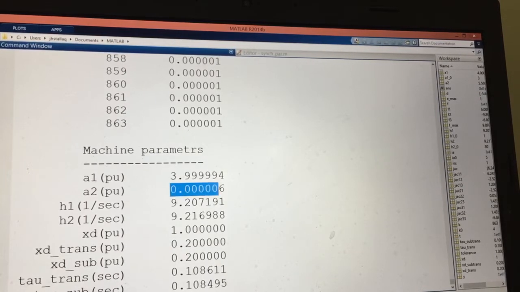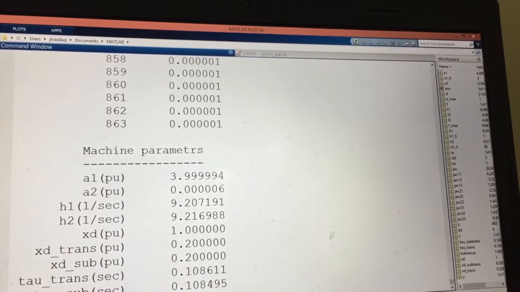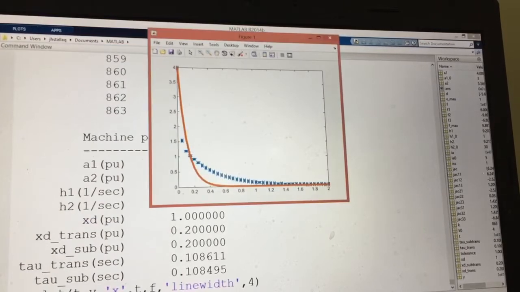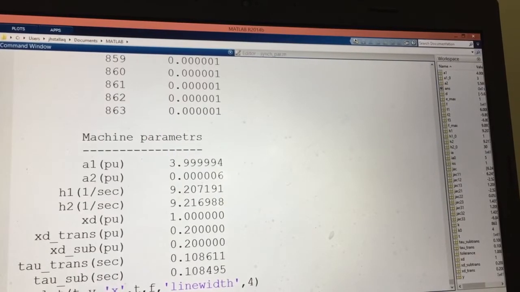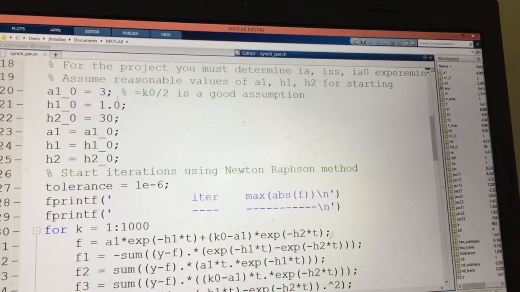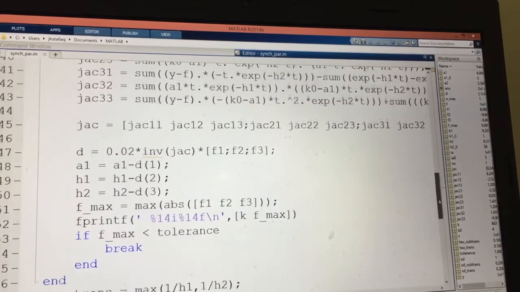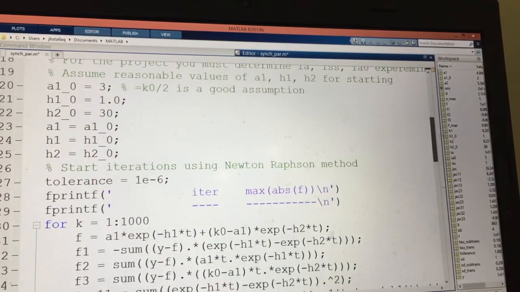To know that, you should plot this one. So you see, this is not successful. Though it shows that some convergence is there, it did not converge to the right point. Probably we need to lower this again for that starting value. Maybe make it 1. Okay, it all depends on the starting values of A1, H1, and H2.